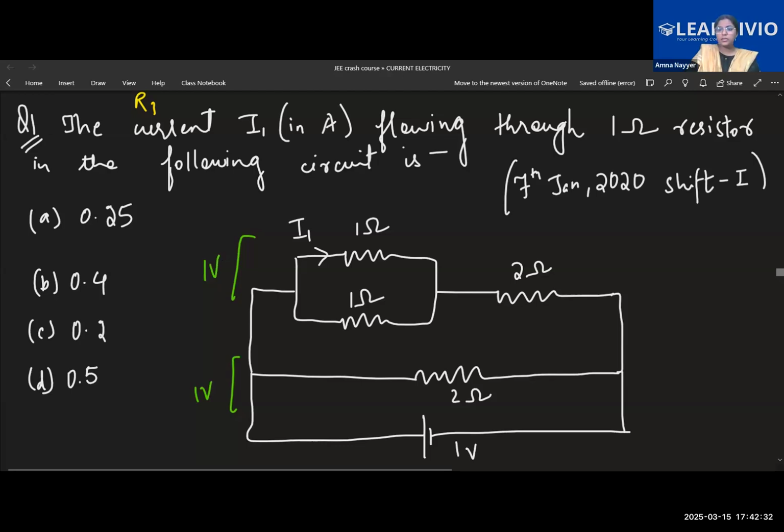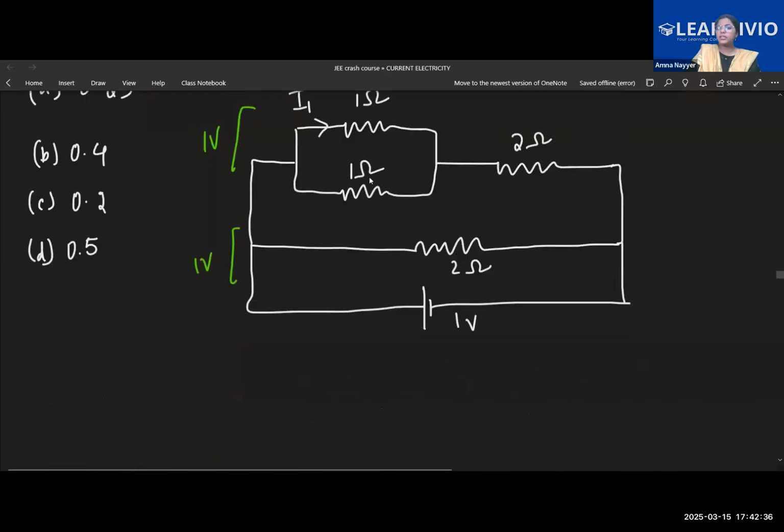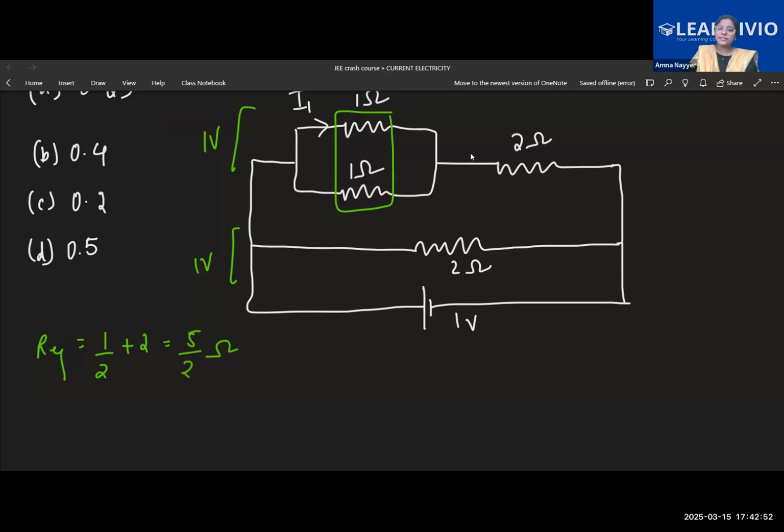So what's the equivalent resistance here? These two are connected in parallel, half plus 2, because it's connected in series. So equivalent will be 1 by 2 plus 2, which is 5 by 2 ohms. So I have the equivalent resistance as 5 by 2 ohms. What's the voltage? Voltage is 1 volt. So what will be the total current?